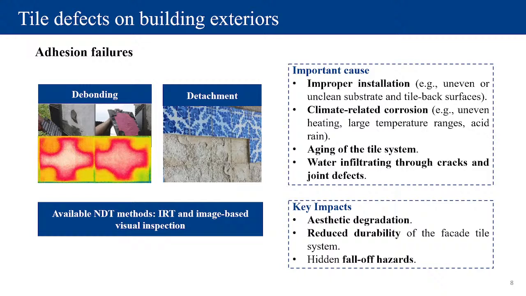And notably, the appearance of debonding is the same as intact tiles. So the important causes of adhesion failure include improper installation, climate-related corrosion, aging of the tile system, and water infiltration.